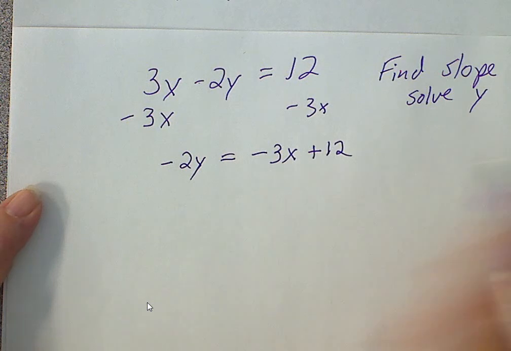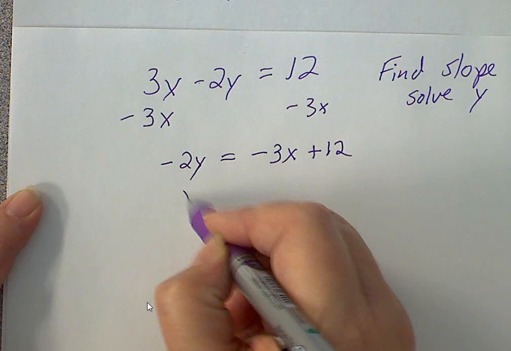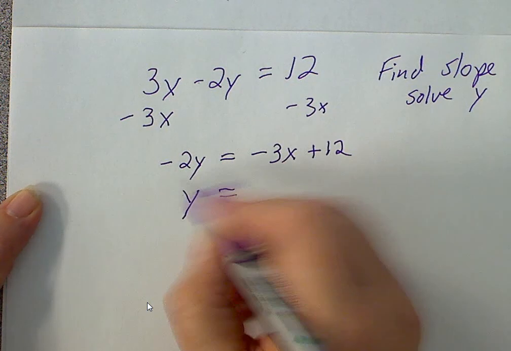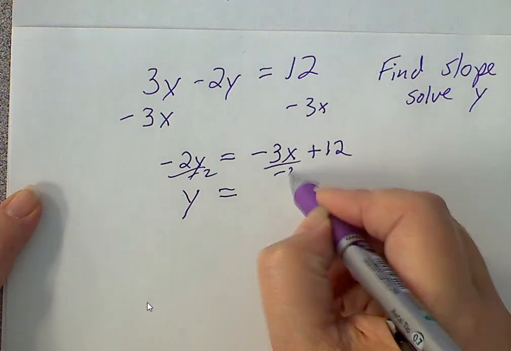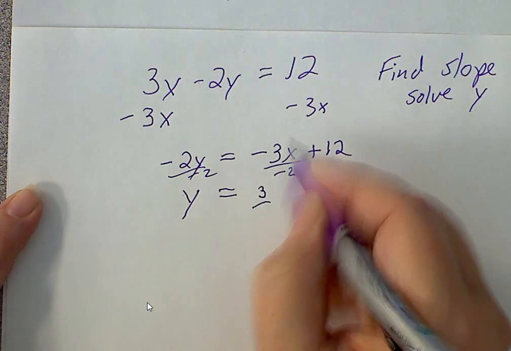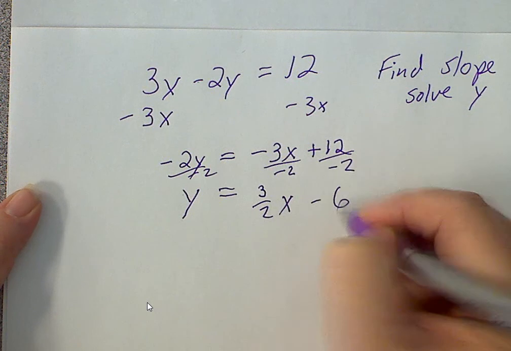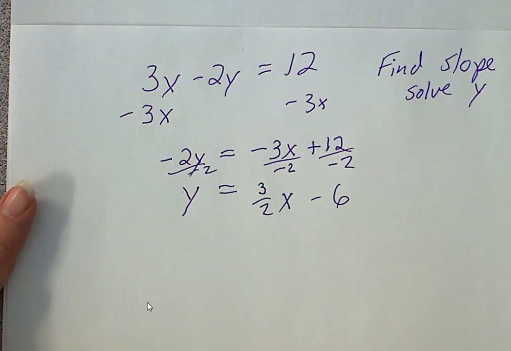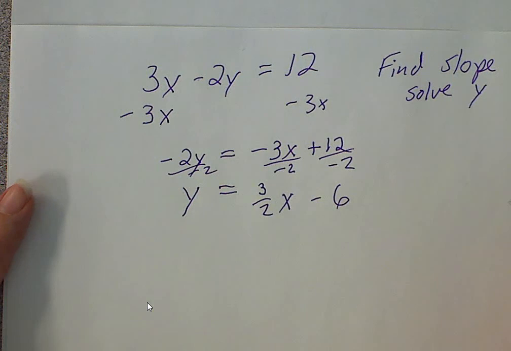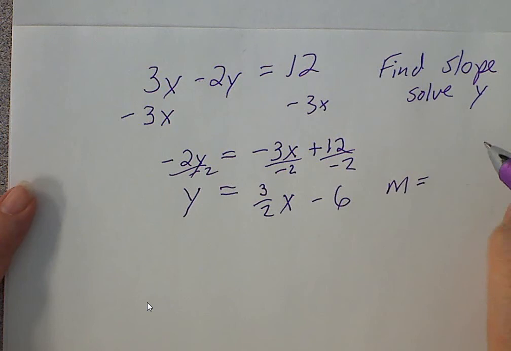So when I divide this by negative 2, I get y is equal to, dividing this by negative 2, negative, negative, make a positive 3 halves x. And divide this by a negative 2, I get minus 6. Then, so my slope of this is 3 halves.